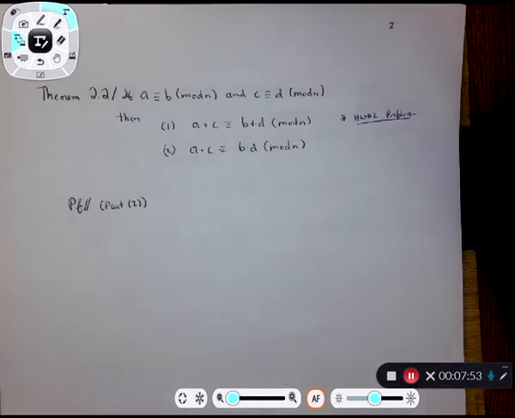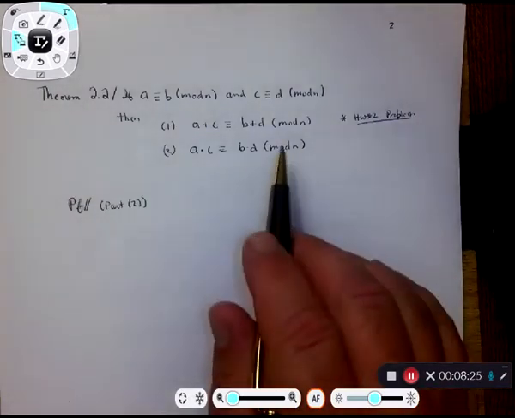If A is congruent to B mod n and C is congruent to D mod n, then 1, A plus C is congruent to B plus D mod n, and 2, A times C is congruent to B times D mod n. So what we're saying in this theorem is not only do we have congruence classes from the last theorem, we actually are defining how to add these congruence classes and multiply these congruence classes.